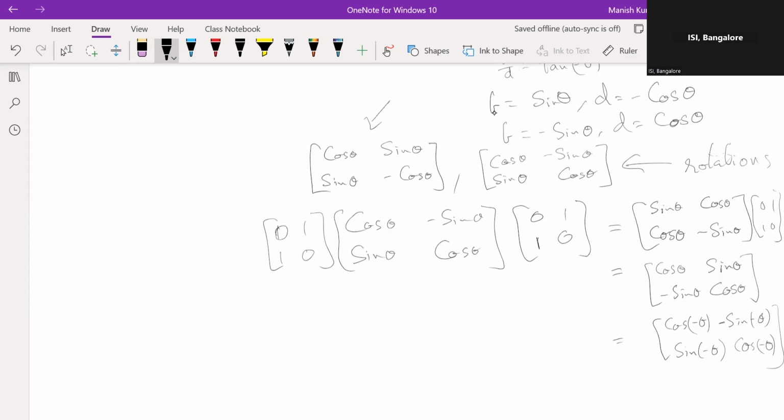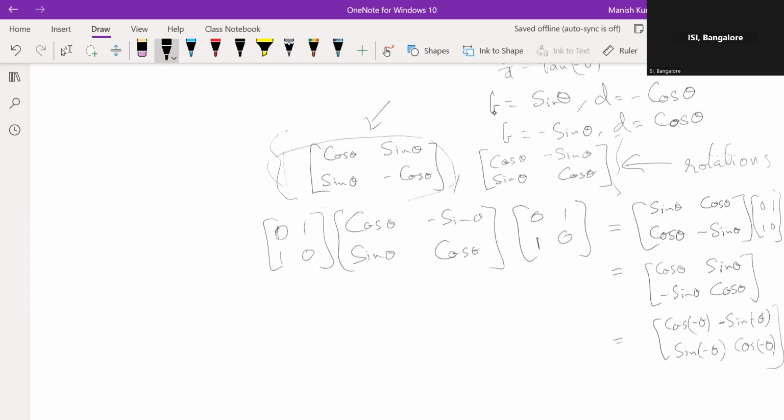So what I'm trying to say is that this guy is also sort of generated by these two matrices. So rotation and flip gives you all the possibilities. All the possibilities are in this collection for various thetas. I'm just trying to tell you that rotation and flip gives you everything. Okay.